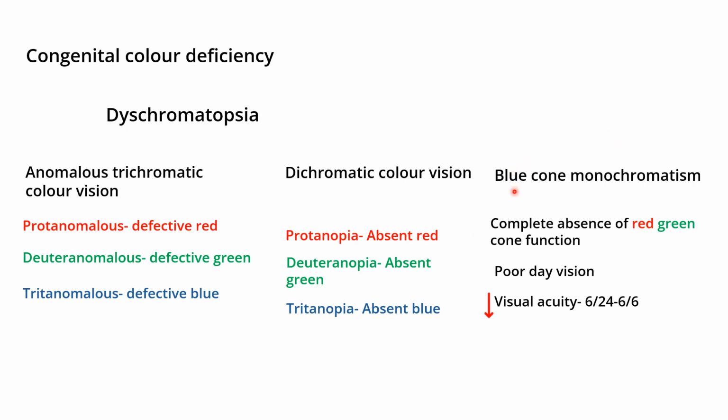Or both red and green are totally absent, then they have only blue cone monochromatism. Here it's usually associated also with poor day vision and visual acuity is reduced. So in anomalous trichromatic and dichromatic color vision, the visual acuity might still be good, 6/6 vision, but the color vision is defective. Whereas in blue cone monochromatism, visual acuity is also reduced.